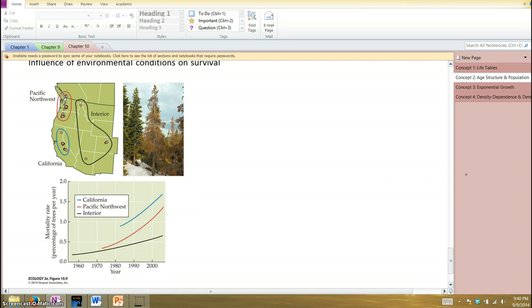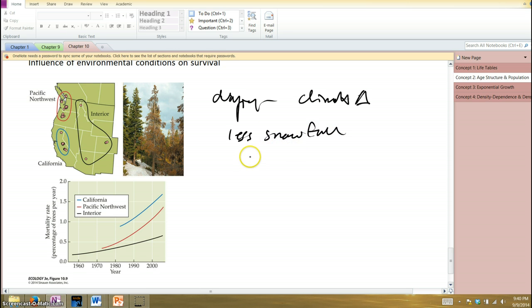And this is thought to be happening because of a drying out of the landscape, potentially due to climate change. In many of these areas, there's been less snowfall, which means less runoff in the spring when the snow melts, and less water in the soil, which makes it harder for these trees, thus increasing their mortality.